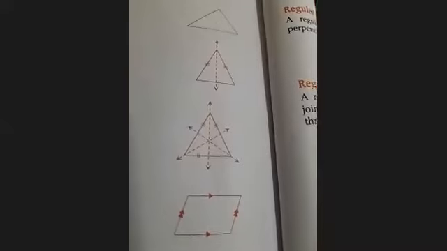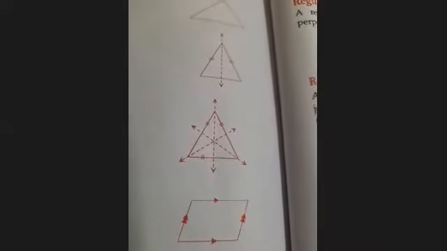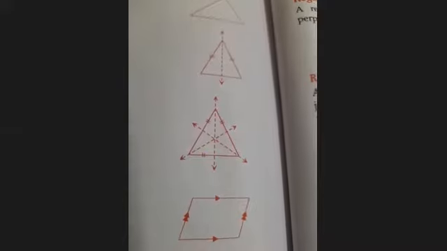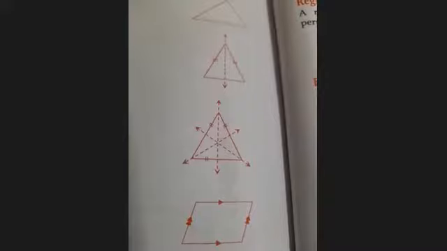Next is a parallelogram. A parallelogram has no line of symmetry. You can see this is a parallelogram. Now fold this figure. By folding, we can't find a line of symmetry. So it means a parallelogram has no line of symmetry.